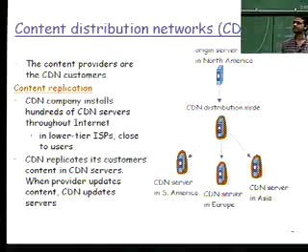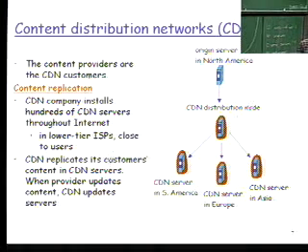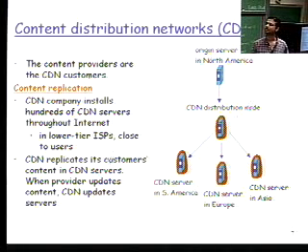So this idea of caching was taken one step further by companies that built content distribution networks, or CDNs. Akamai was the first company that introduced this concept of CDNs. So what do CDNs do?